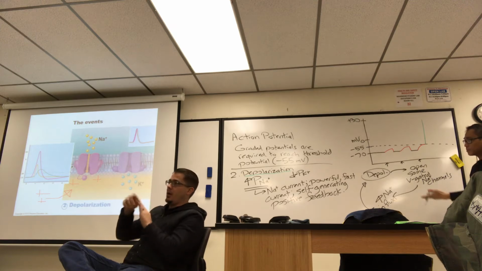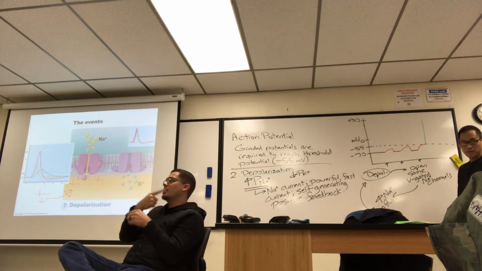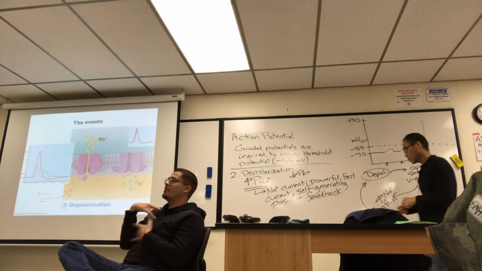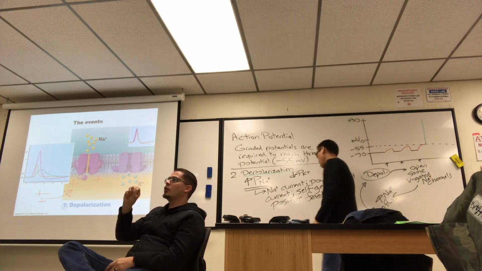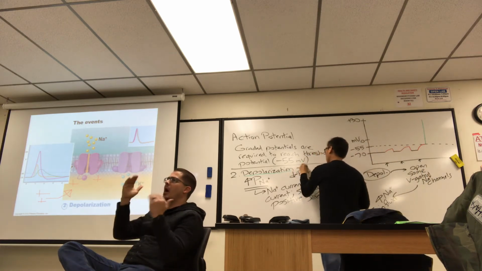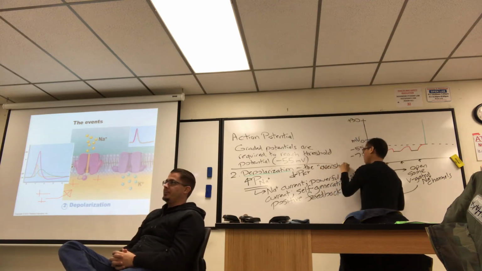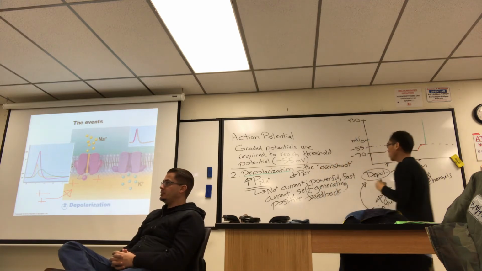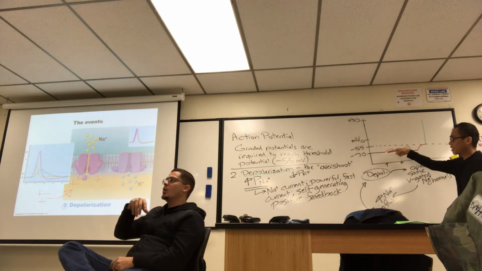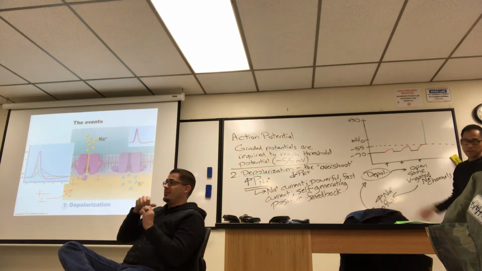Okay, so that's why sometimes people call this depolarization event the overshoot. Membrane potential doesn't just fall from negative to zero, it overshoots it to plus 30.